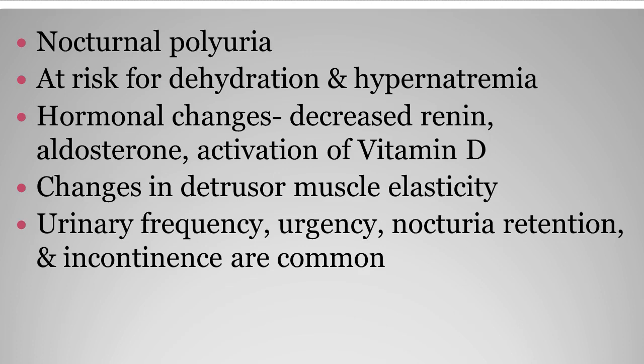You also have a decreased bladder capacity and weakened urinary sphincter muscles. So that's why you might see problems with a tendency to retain urine, a decreased ability to clear medications, and being prone to hypernatremia and fluid volume deficit, with decreased osmotic stimulation of thirst.